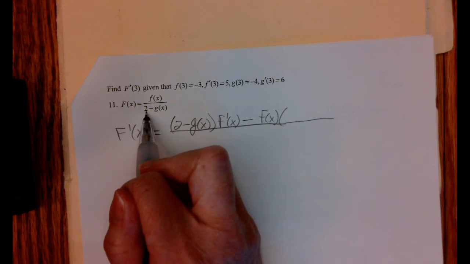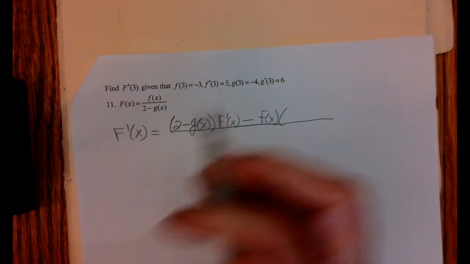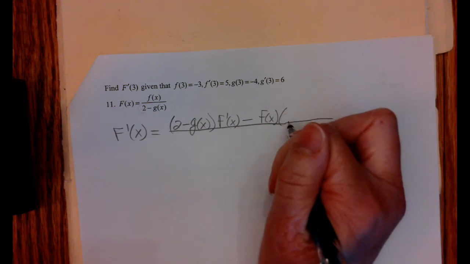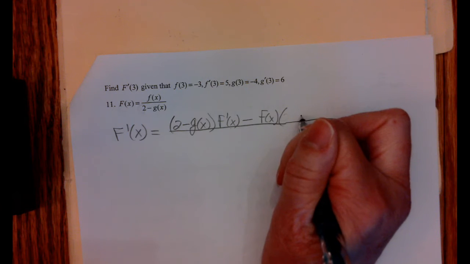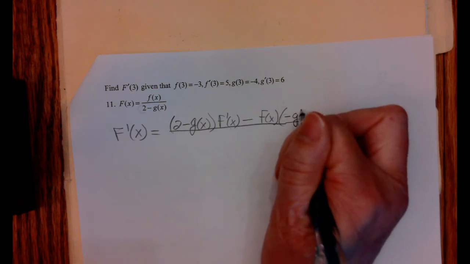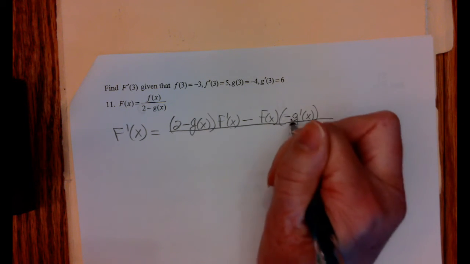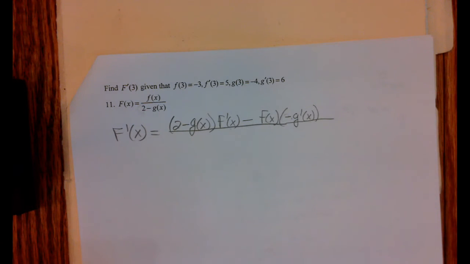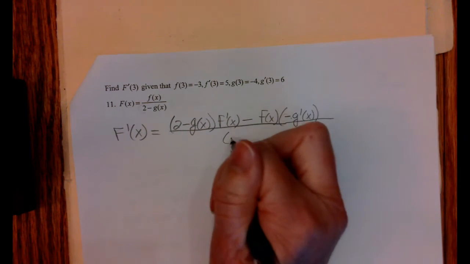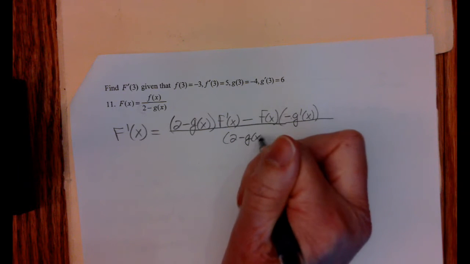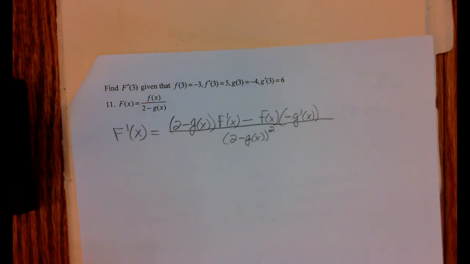Derivative of a constant goes to 0, so technically it is 0 minus g's derivative, or just negative g prime. That negative sign is from the subtraction, and it's important to keep. Over 2 minus g of x being squared.